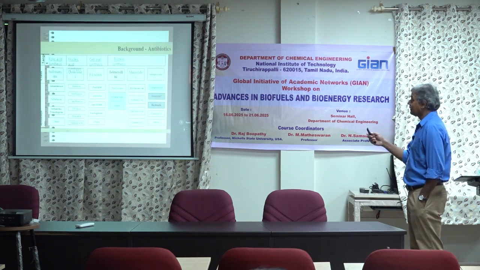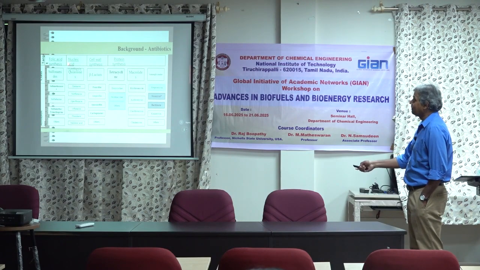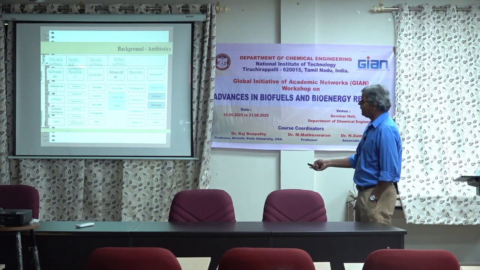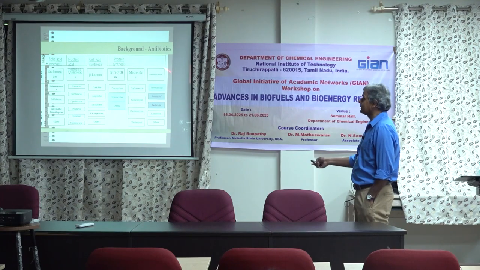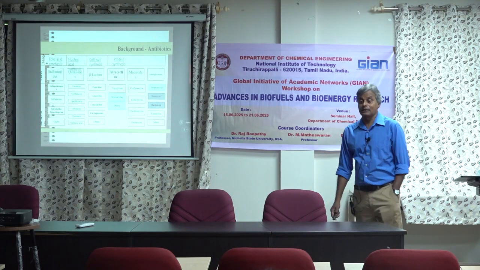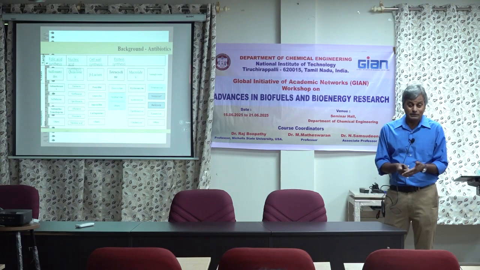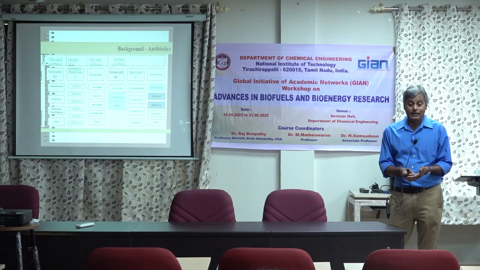And just to look at, there are different classes of antibiotics, based on how the antibiotic works. We have sulfonamide, quinolone, beta-lactam, tetracycline, macrolide, aminoglycoside. They all have different mechanisms to kill bacteria. Okay, so there are more than 265 commercially available antibiotics.